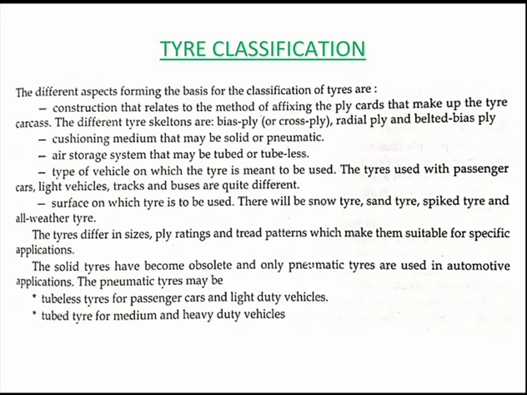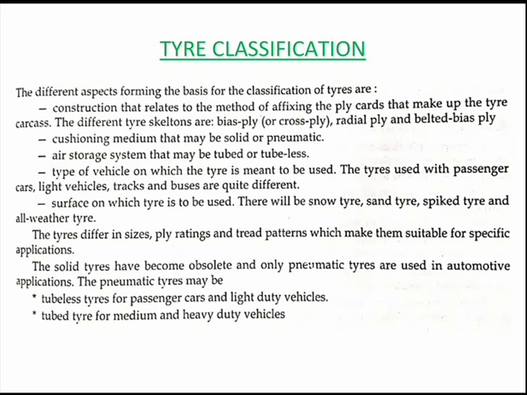Now when we look at the market, we can see that a lot of types of tires are available, broadly classified as tubeless or tube type. In the tube type, a tube is provided inside, and in the tubeless there is no tube inside. Each has its own advantages and disadvantages.